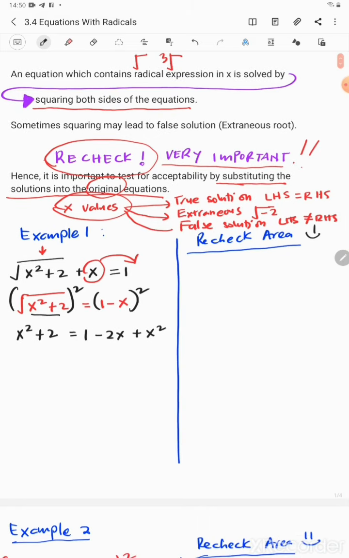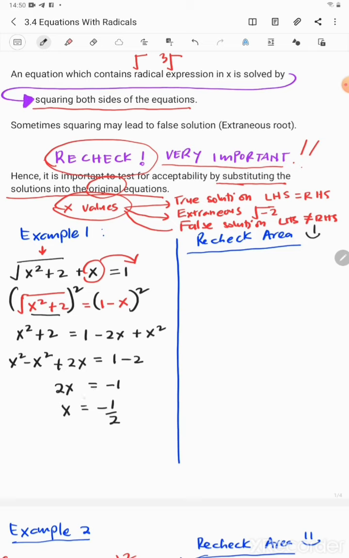Now bring all the x square terms to one side, and the x values to the left and numbers to the right. So x square minus x square gives 0. Here we get 2x equal to 1 minus 2, which is negative 1. So x equals negative 1 over 2.